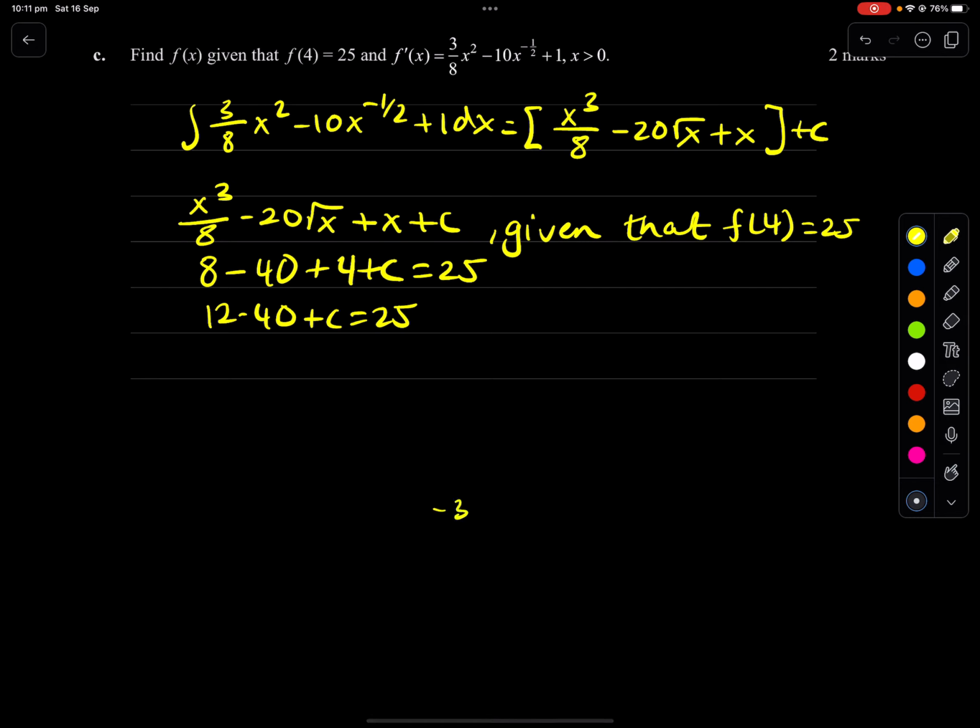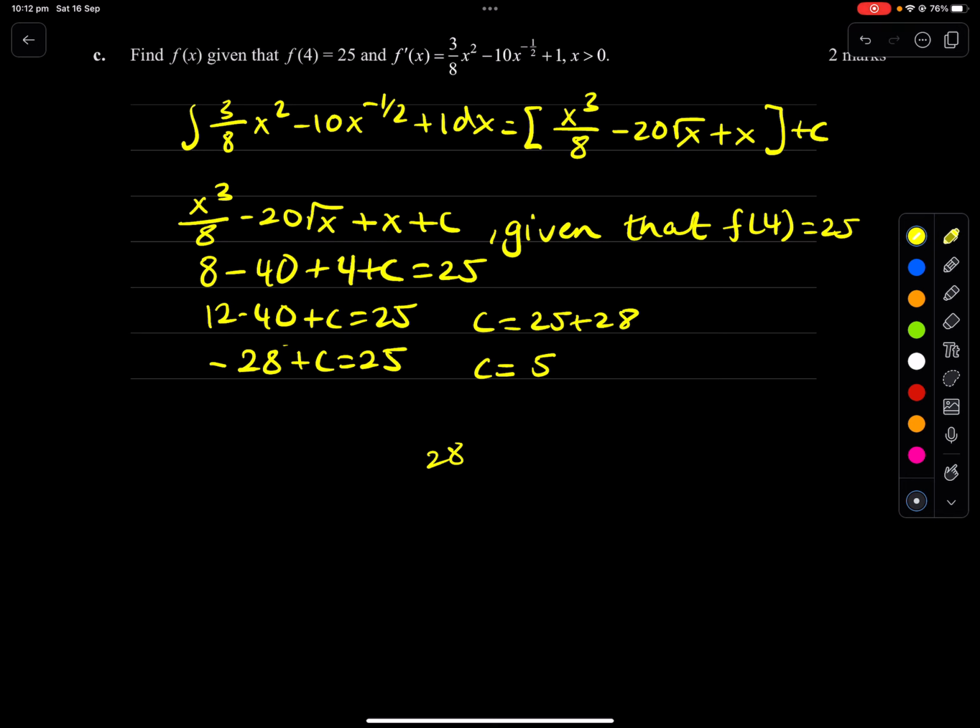That will be negative 28, so negative 28 plus c equals 25. Perfect. So c is 25 plus 28, c is 53.